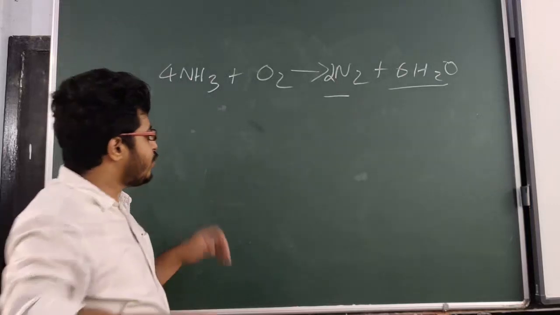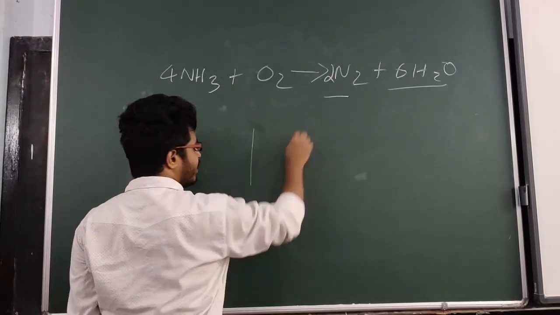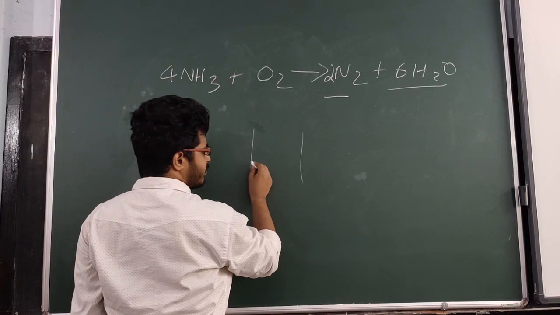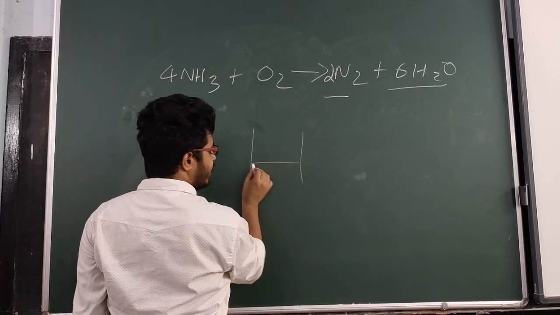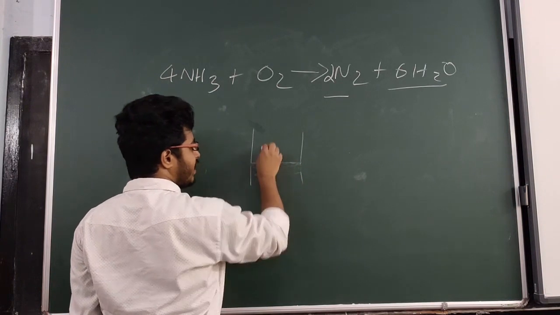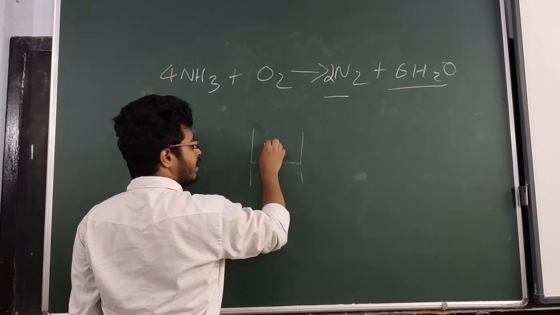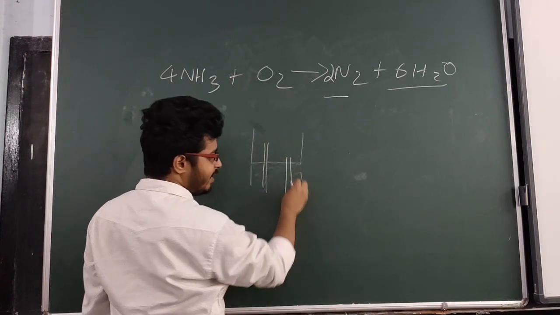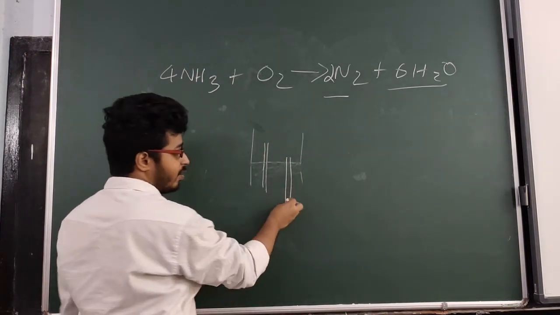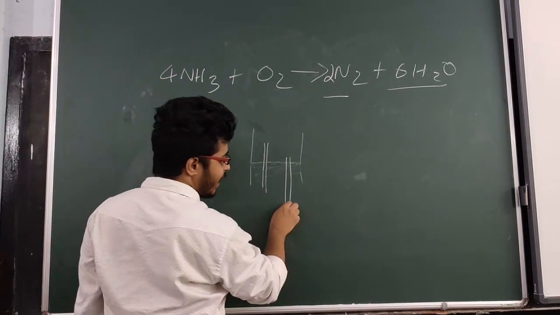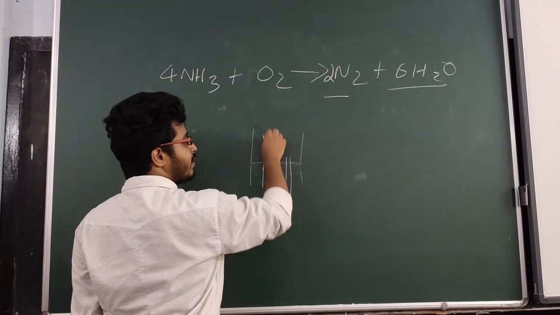What we usually do is take a setup and fill it with cotton, and through this we introduce two tubes. Through the lower tube we will supply oxygen, and to the other one we will supply ammonia.